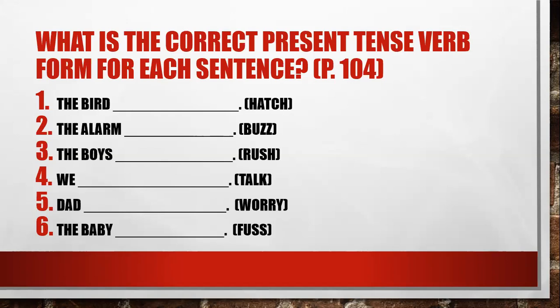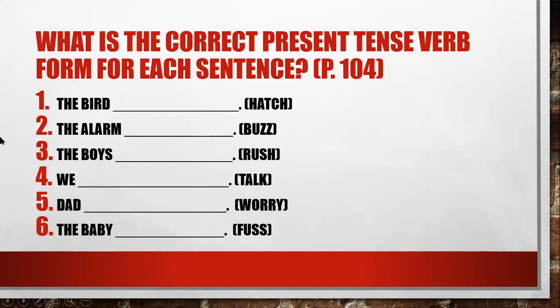So you look at the subject, because if the subject is singular, the verb changes according to the rules. If the subject is plural, the verb stays in its base form. Singular subject, verb changes according to the rules. Plural subject, the verb stays in its base form.